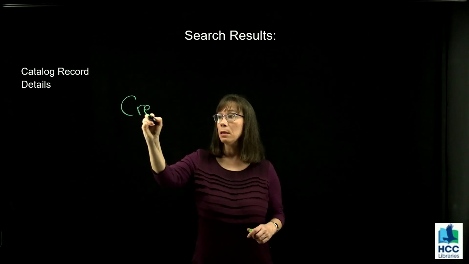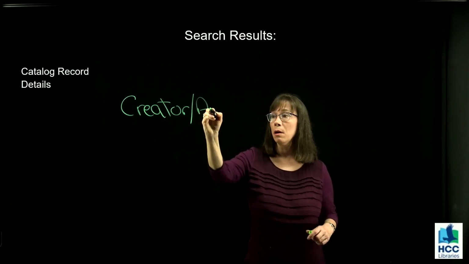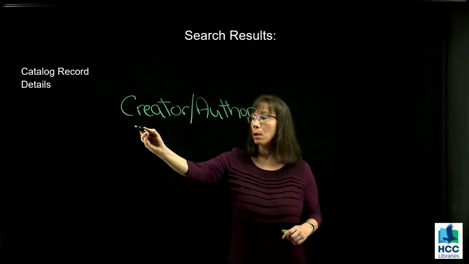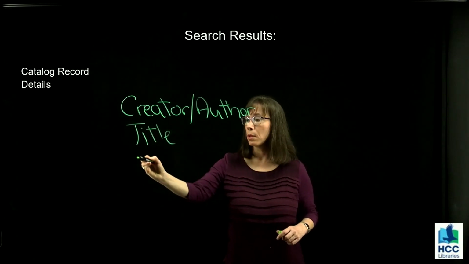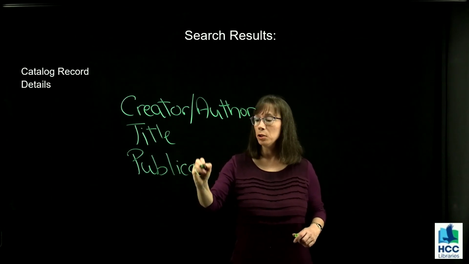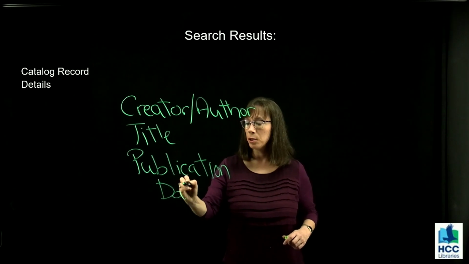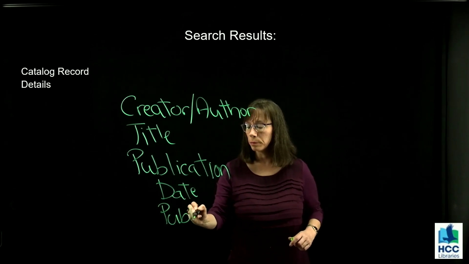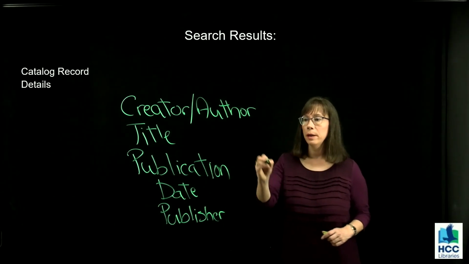One is the field called creator, or as we also know it, author. You will also see the title of your resource and publication information. The publication information will provide the date of publication as well as the publisher. Another area to look into is the description.